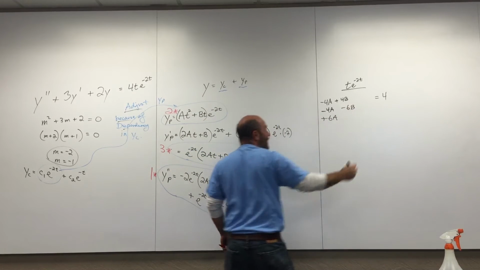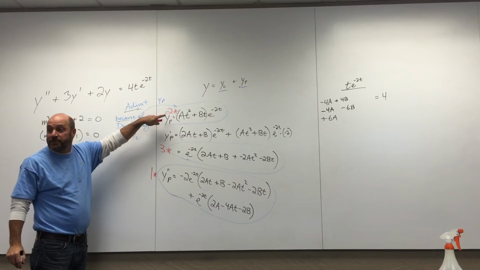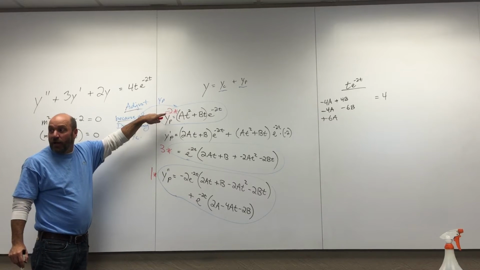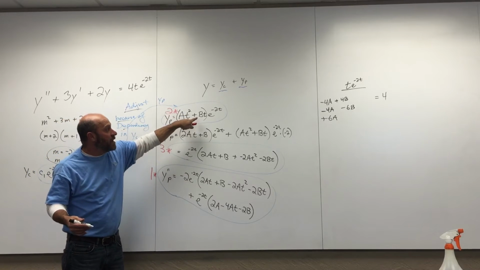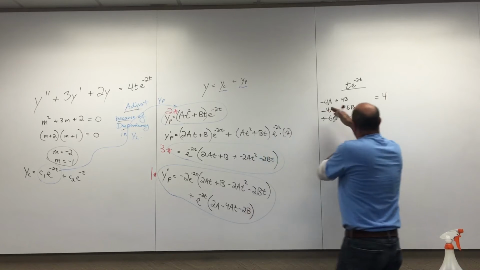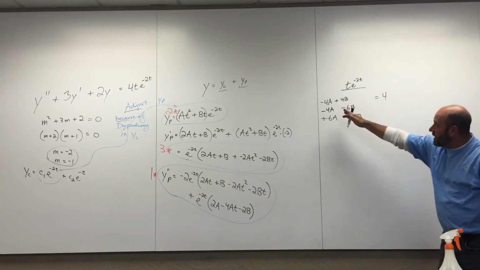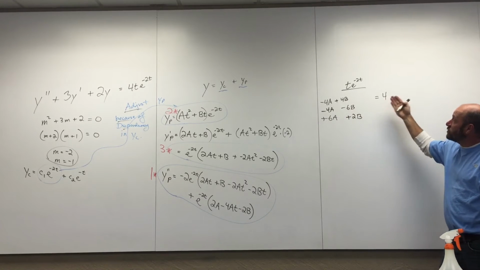All right, this is fun. What else I got? Oh, up here I got 2 of these, and I'm looking for the t e to the negative 2t's, which would be positive 2b. I could have written that all in a long string, but I didn't leave myself enough room. That's all added together in a long string, and it equals 4.